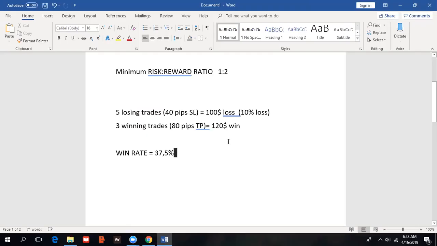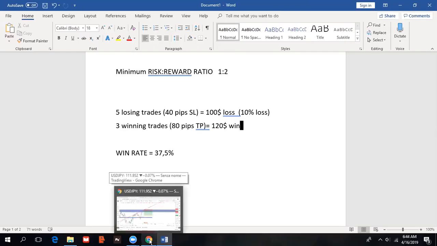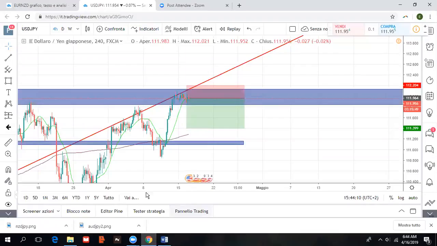But other than that, you should leave the other half lot run to your take profit and don't close before, because if you close before, your risk to reward ratio will change, and therefore you could not be as successful as you will be if you wait. And as you know, the Forex market needs a lot of patience, and I will show you another example right now of a good risk reward ratio.